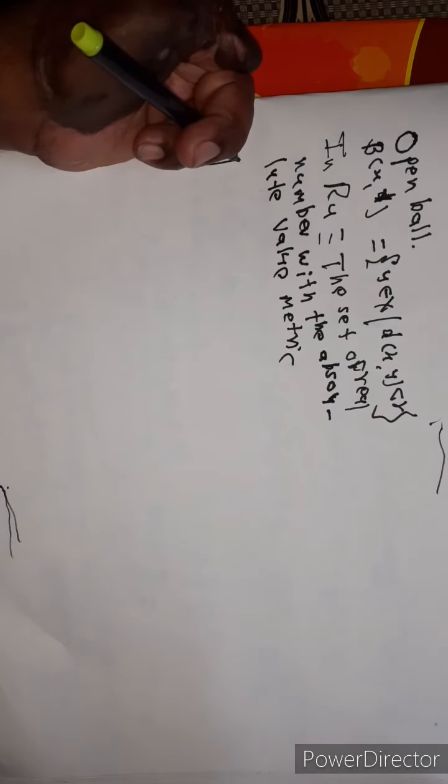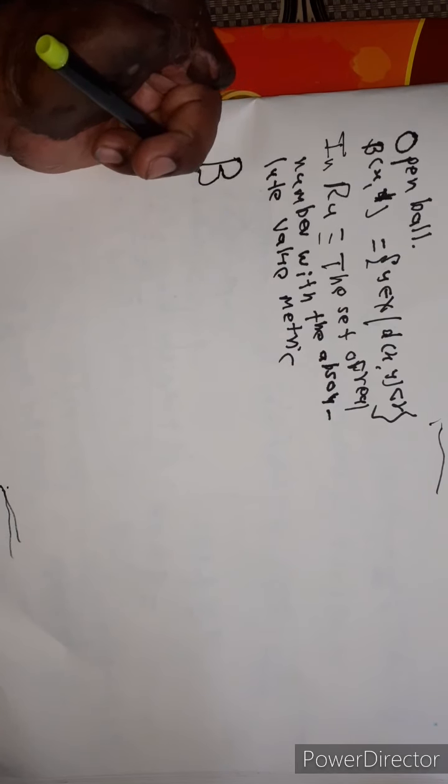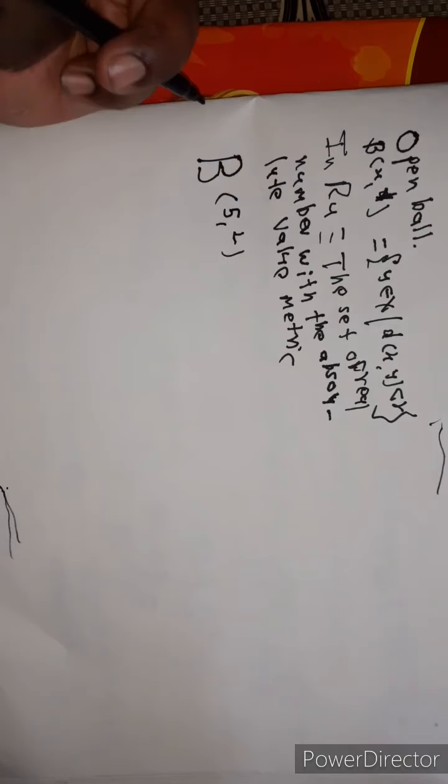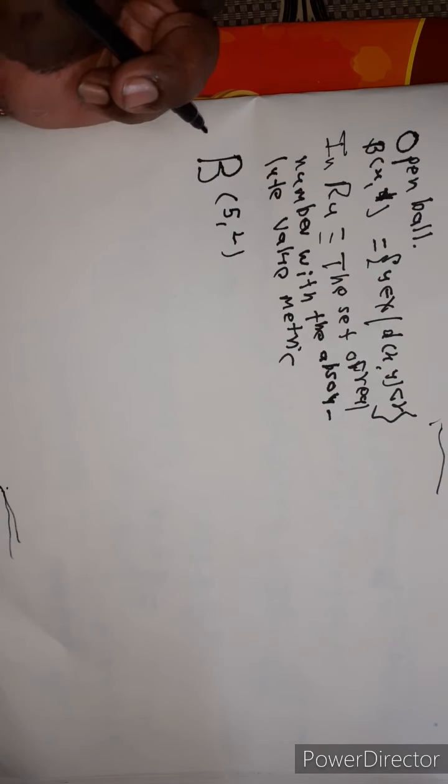Ball B(5, 2), that is, this is the open ball centered at 5 and radius 2.